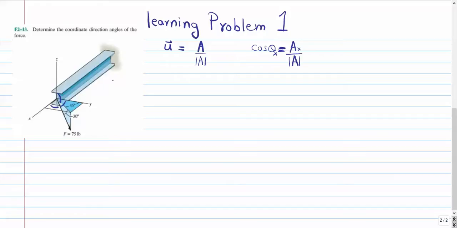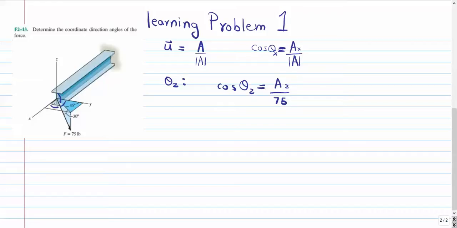So the first angle that I'm going to find is theta z, or the angle that the vector makes with the positive z-axis. According to this formula, cos of theta z should be equal to the component of the 75-pound force along the z-axis divided by the magnitude of the force, which is 75 pounds. So what I need right now is AZ, the component along the z-axis, and we can find AZ simply by using the trigonometric identities for cos and sine theta.